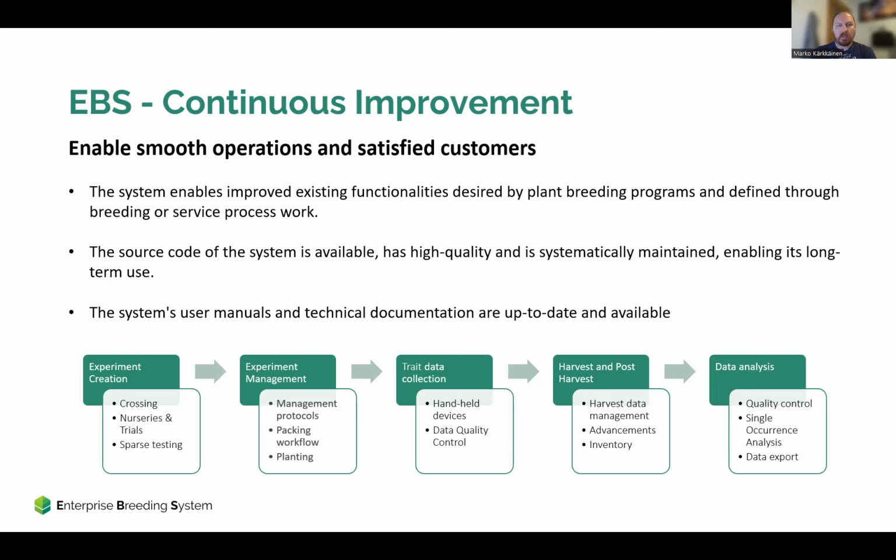So the objective really is to enable smooth operation and satisfy customers because of that. So it means that there needs to be regular maintenance work done on source code level, keep it up and tidy to ensure that there are no bugs that prevent usage and so forth. And along the way, EBS has been under development for quite some time. We started in 2018.